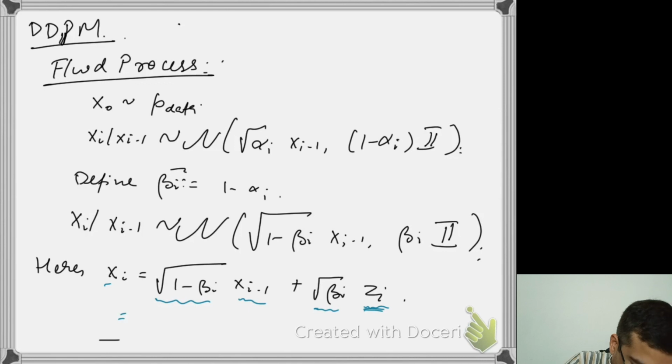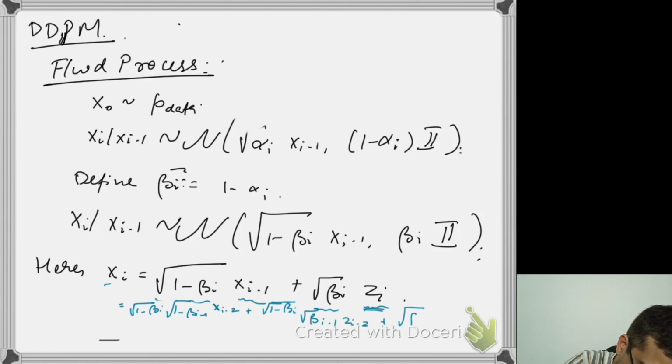If I try to expand it for further steps, then I would get root of 1 minus beta i, root of 1 minus beta i minus 1, x of i minus 2, plus root of 1 minus beta i square root of beta i minus 1 zi minus 1, plus square root of beta i zi.